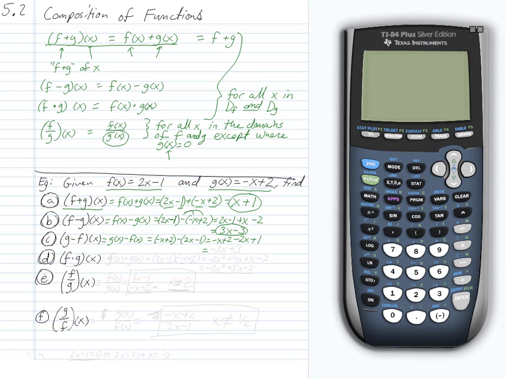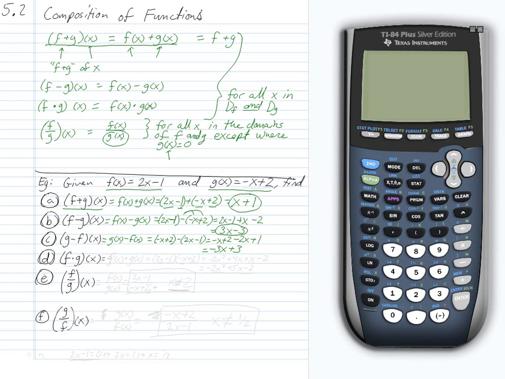Our final result, if we simplify and combine like terms, negative x and negative 2x gives us negative 3x, and 2 plus 1 gives us plus 3. So the order that you perform the subtraction does matter.